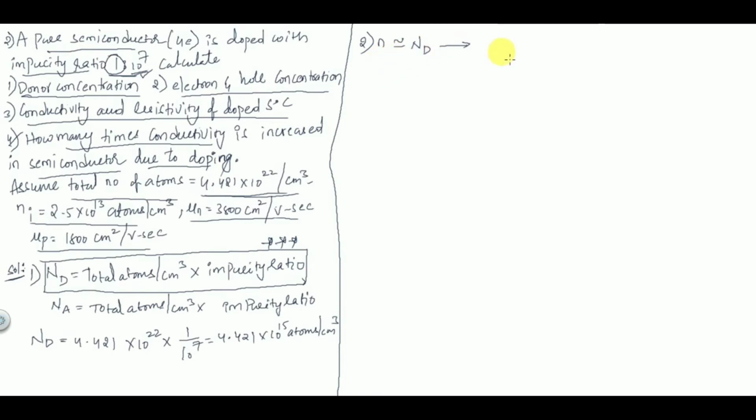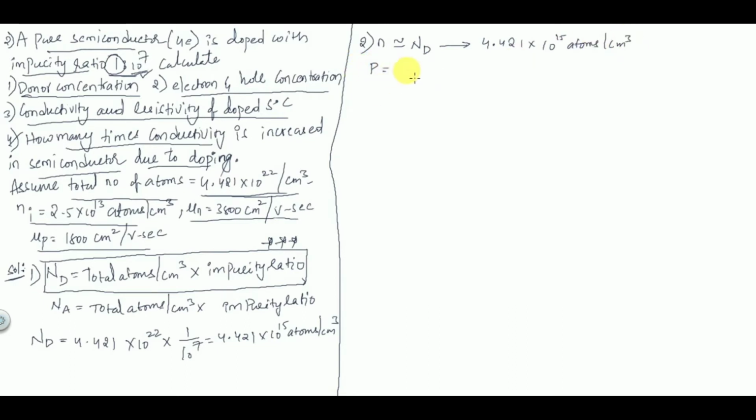You can see the concept in the mass action law video which I have made on my channel. So N is equal to ND, which is equal to 4.421 into 10 to the power of 15 atoms per cubic centimeter.